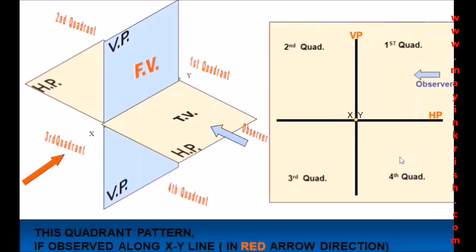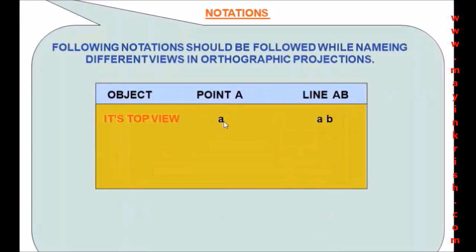So now we are going to define the notations for the front view, top view as well as the side view. The top view has to be represented in small letters. If the object is defined as a capital A, then the top view will be defined as a small a. If the object is defined as capital AB, then the top view is defined as small ab.